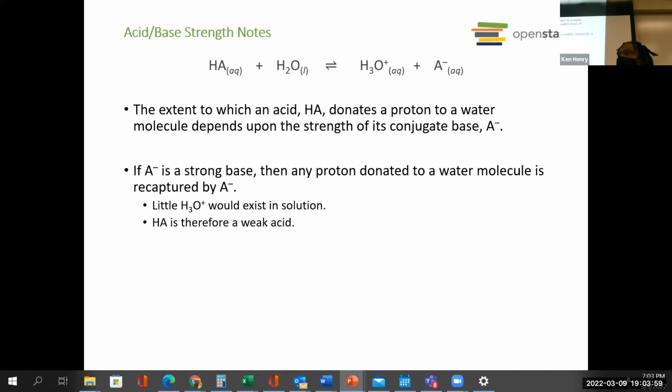In other words, if you have a very strong conjugate base, it's going to drive the reaction the other way.